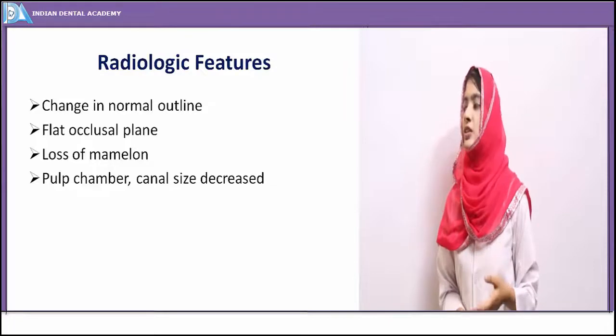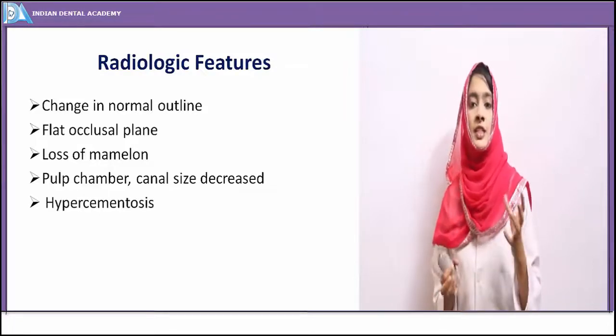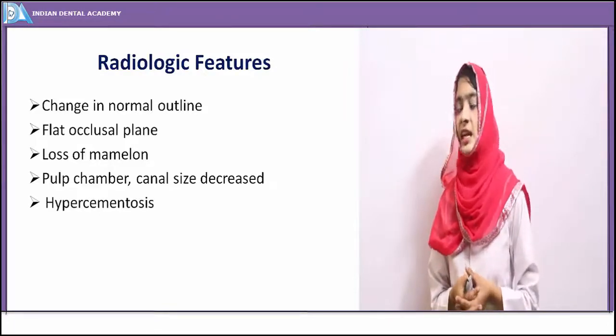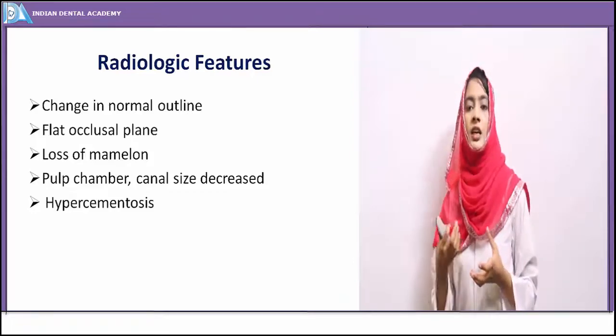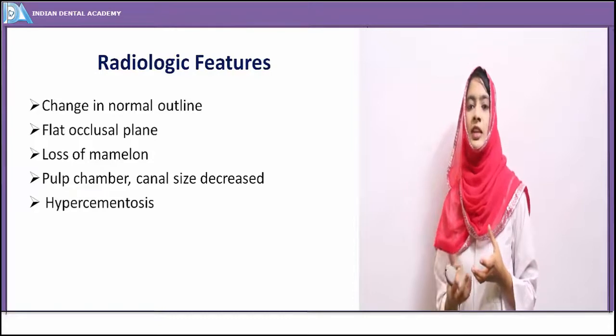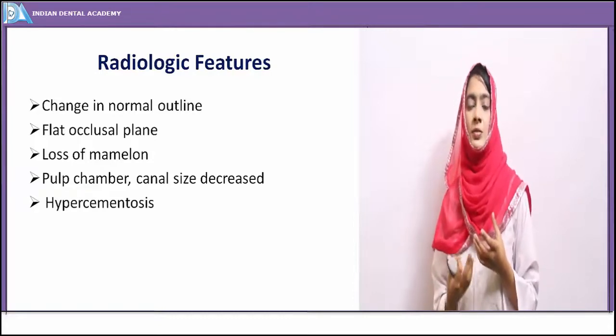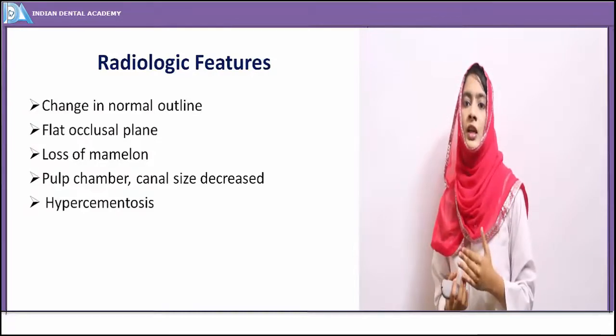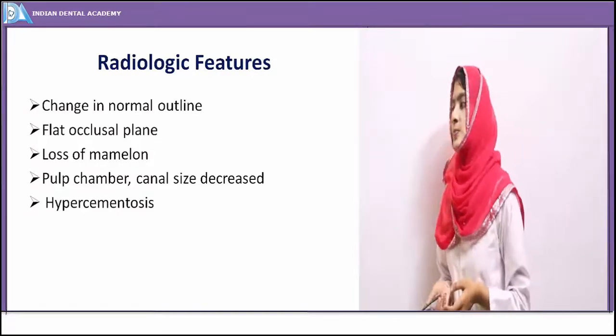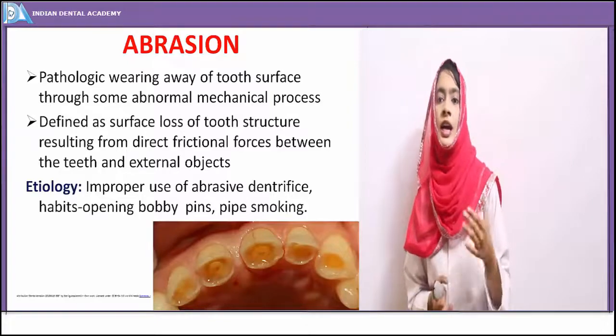Complete enamel is attrited here. And the pulp chamber and canal will be decreased in size because of attrition. What happens is the underlying cells are stimulated, osteoclasts and osteoblasts are stimulated, and they lead to hypercementosis of the root surfaces. So that's about attrition.